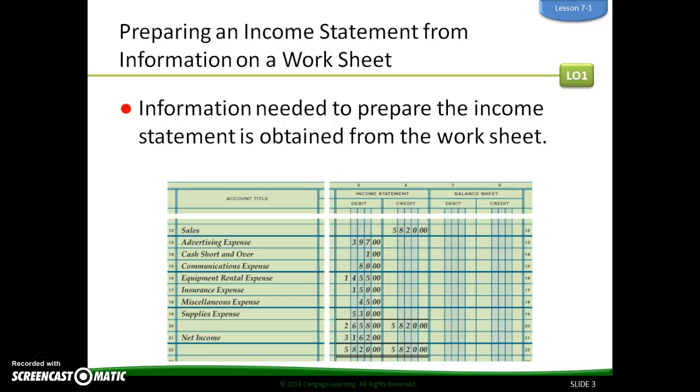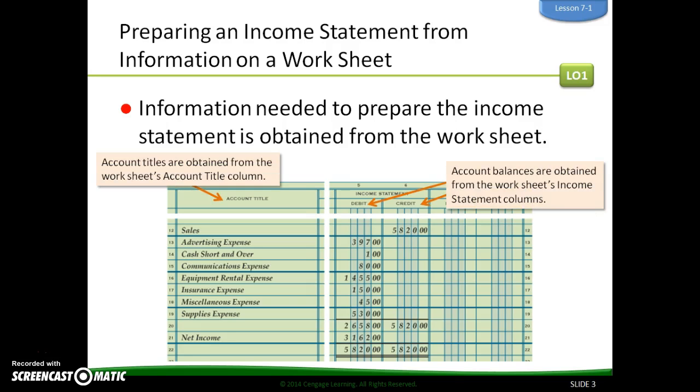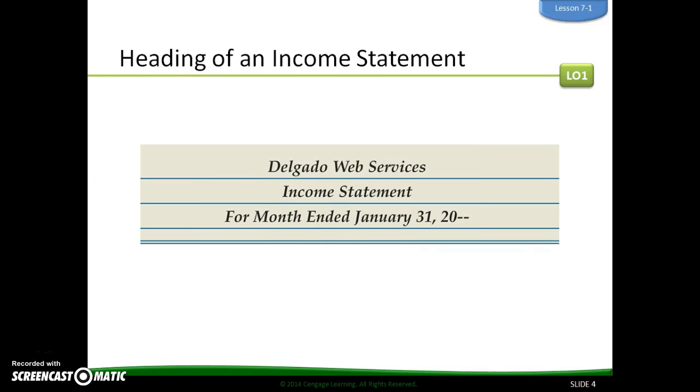As we look at the worksheet, we can see in the income statement column that we have our information from sales and our information about our expenses, money coming in, money going out, tied to income, tied to our revenue generating activities. The information that we need comes straight off of the worksheet.